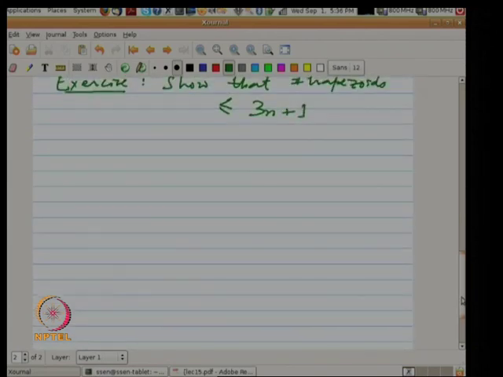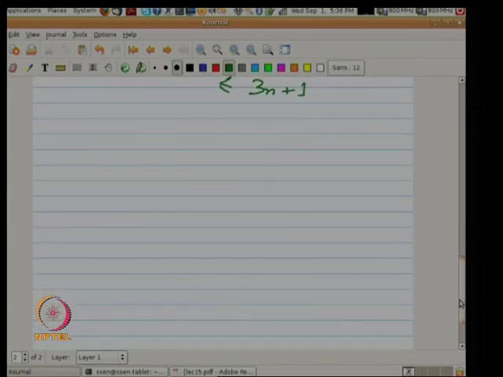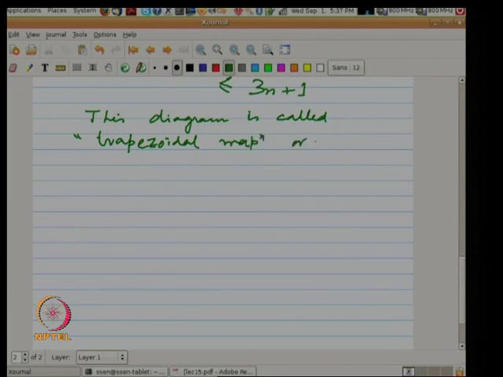So, this diagram is called the trapezoidal map, or equivalently the vertical visibility map.